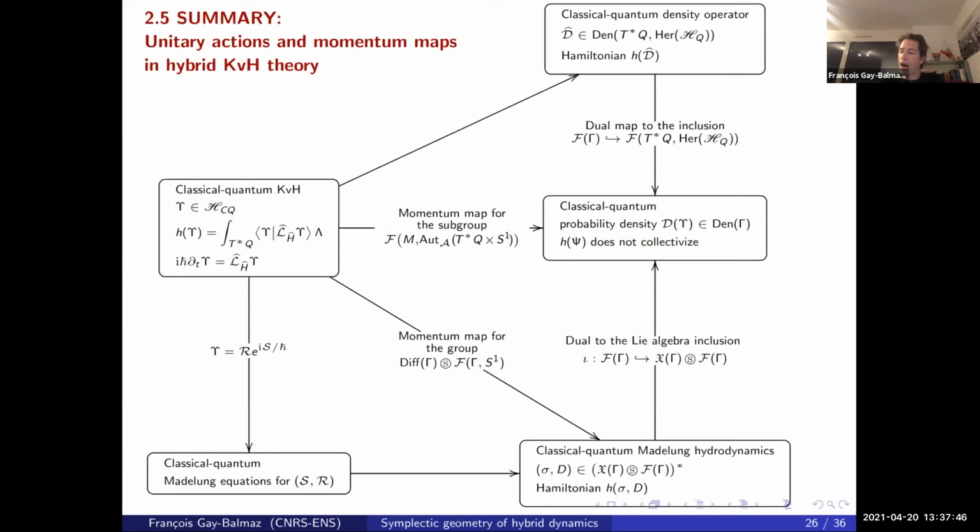So this is our hybrid theory on the hybrid Hilbert space. Two group actions, one giving the hydrodynamic formulation that I discussed, another one giving this classical quantum probability density, and there is another map, which is not a momentum map, giving the hybrid density operator.